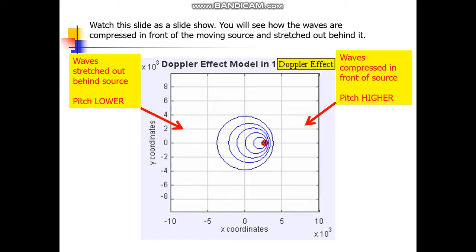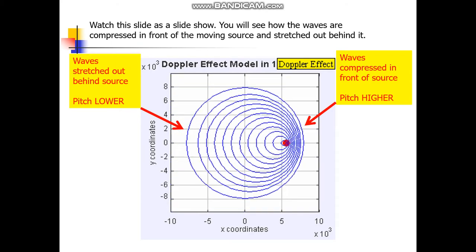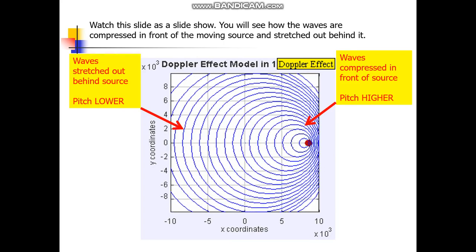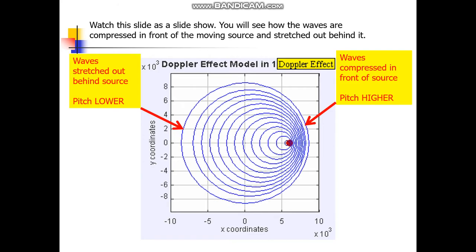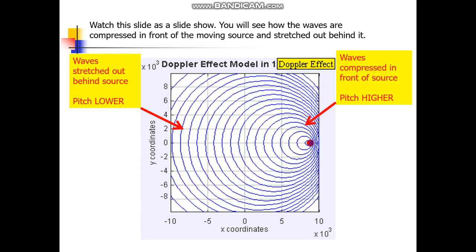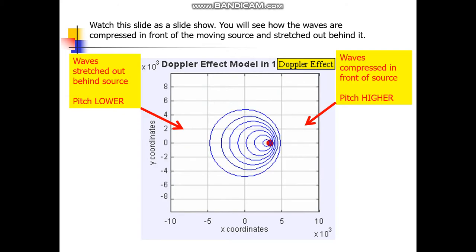That's why if a racing car comes past you, this might sound a bit daft, but you've heard racing cars, you hear it as it goes past you. The sound is high pitched as it's coming towards you. When it goes away, the sound is lower. Same with an ambulance siren or a fire engine siren. I don't know if I can do that, but you probably hear bee-ba, bee-ba, bee-ba. As it goes past you, there's a definite drop in pitch.